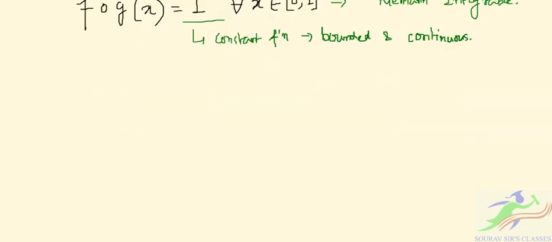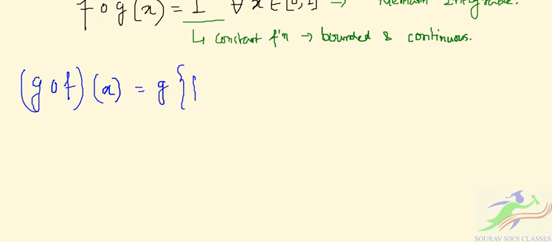Now let's check with the g∘f function, that is g composite f. How can we write that? So (g∘f)(x) is g of f(x), and from the question we can write it in this way: g of 1 is equal to 1 at x equal to 0.